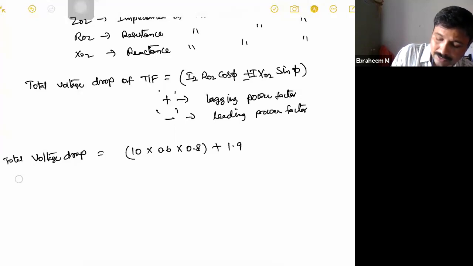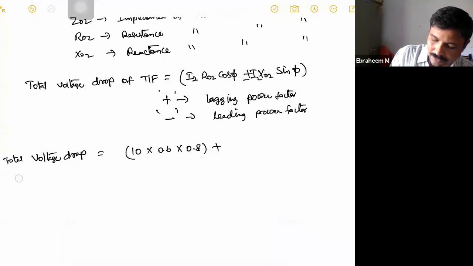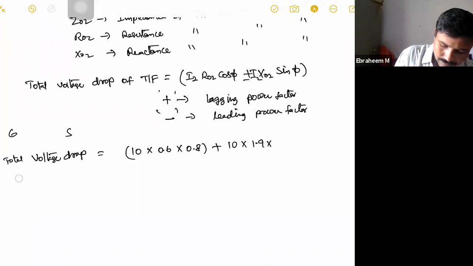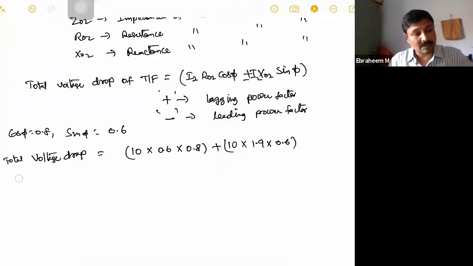Sorry, I2 is there also. I did not write the formula here. So I2 is 10 into X02 is 1.9 into sin phi. How much is sin phi? Sin phi becomes 0.6. Tell me the value of this.